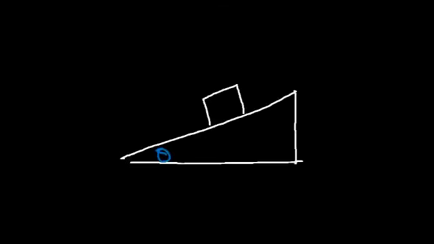Let's say it's initially at rest and theta is increased. It could be 30, it might increase to 40, but what's going to happen as you increase theta? Eventually, at some point, Fg will exceed the static friction f of s. Once that happens, the box will begin to slide.